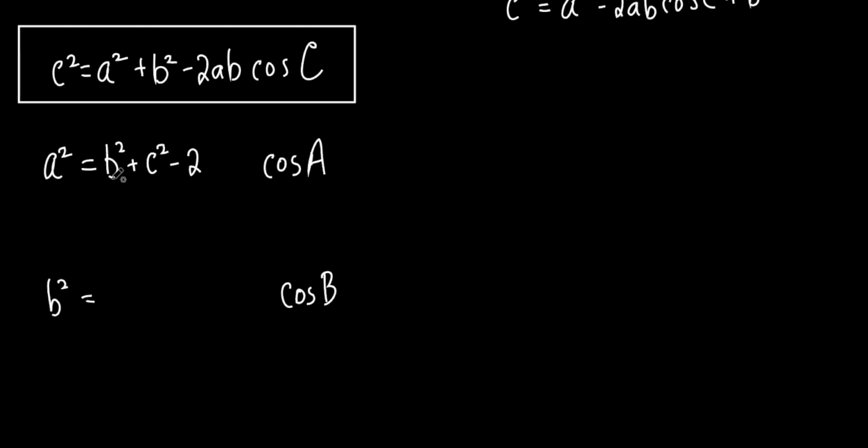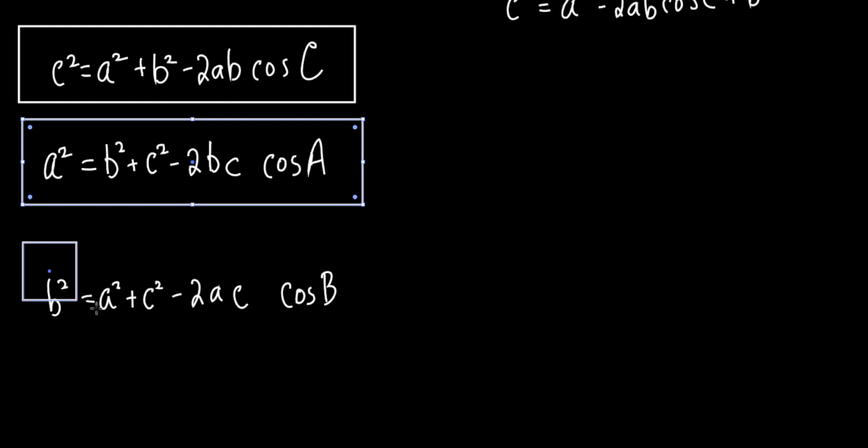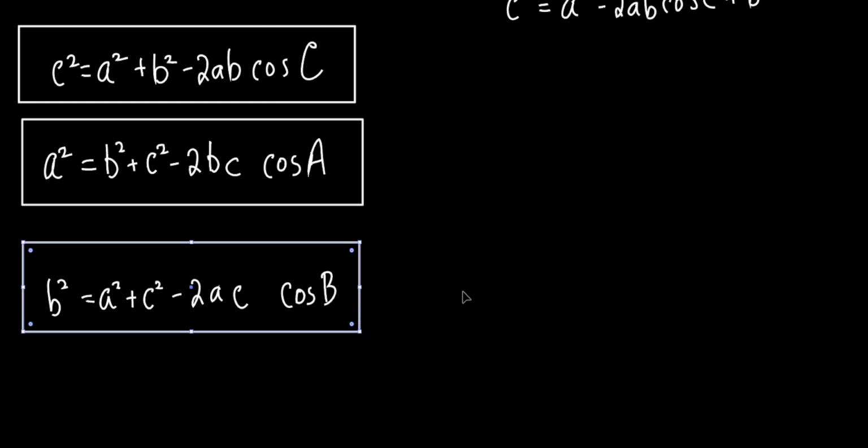Minus 2bc. And that's another version of that formula. Hope you're watching. So b squared is equal to a squared plus c squared minus 2ac cosine of b.